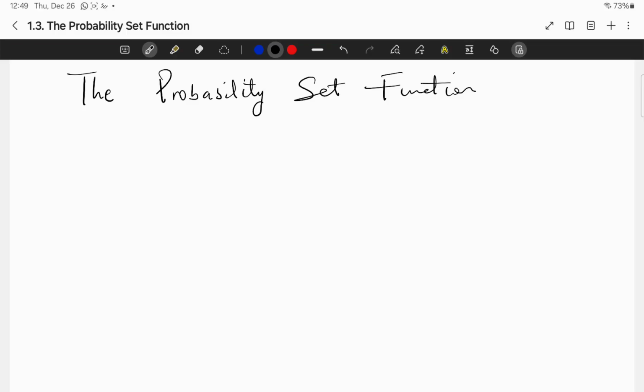Alright, before we go fully through the definitions, let's first of all define a sigma field.